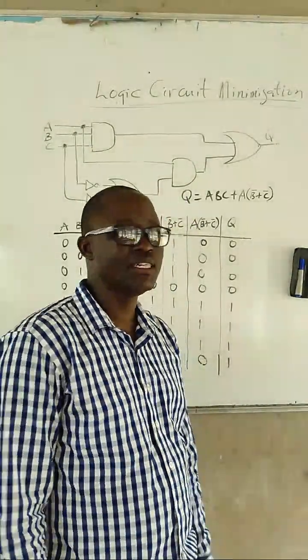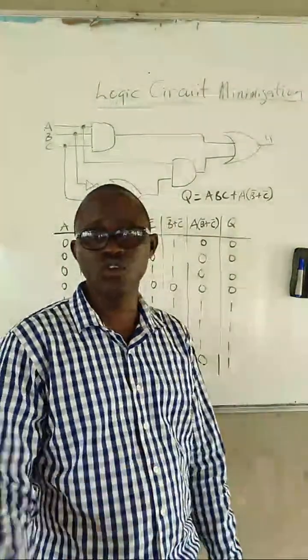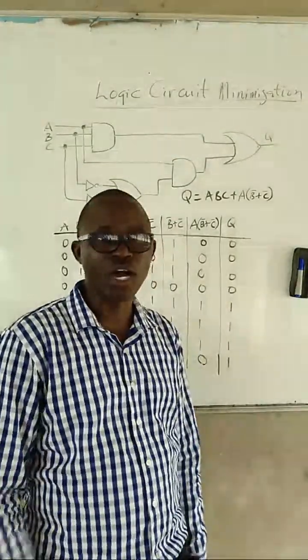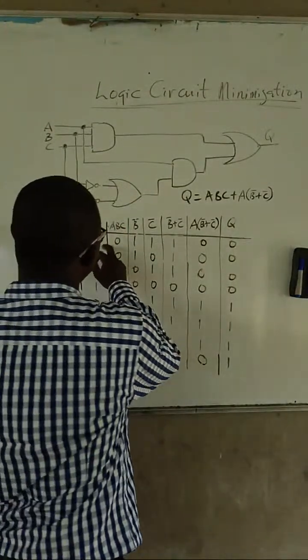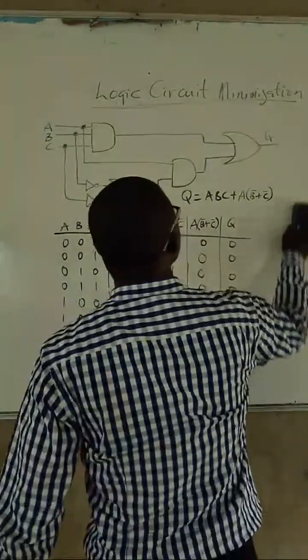Because sometimes Boolean algebra is a fight to the last. We have the associative law, distributive law, commutative law, idempotent law, inversion law, and so on and so forth. Then De Morgan's theorem. We apply all of them in simplifying a combinational logic circuit. Now we want to look at the Karnaugh map.